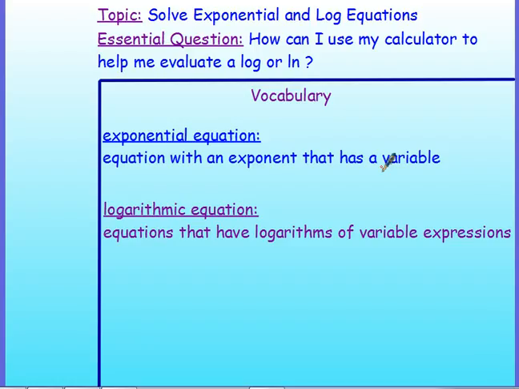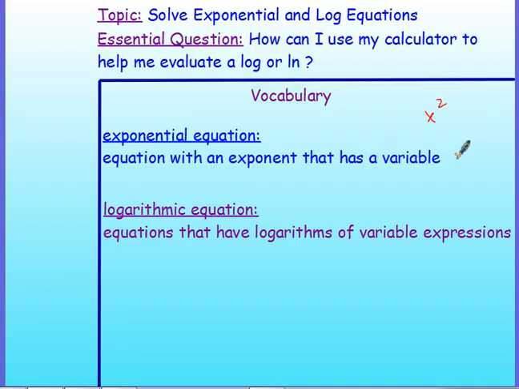Okay, so we've already worked with these two things, exponential equations. What makes an exponential equation an exponential equation? So an exponential equation obviously has an exponent, but more specifically, the variable is the exponent, right? So there's a variable in your exponent. So for instance, x squared, would that be considered exponential?